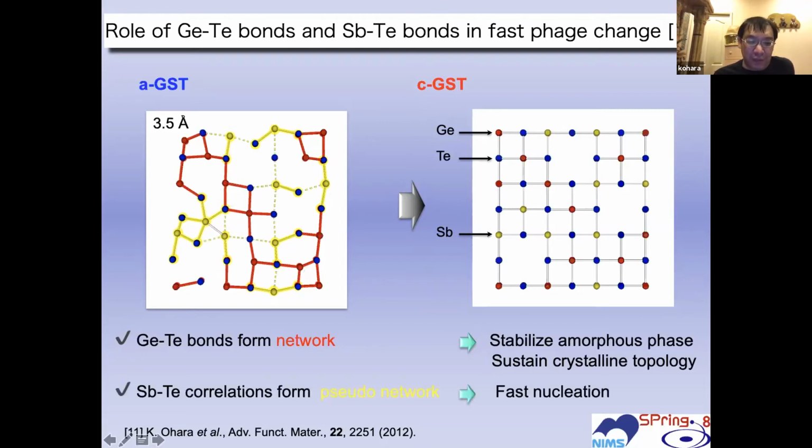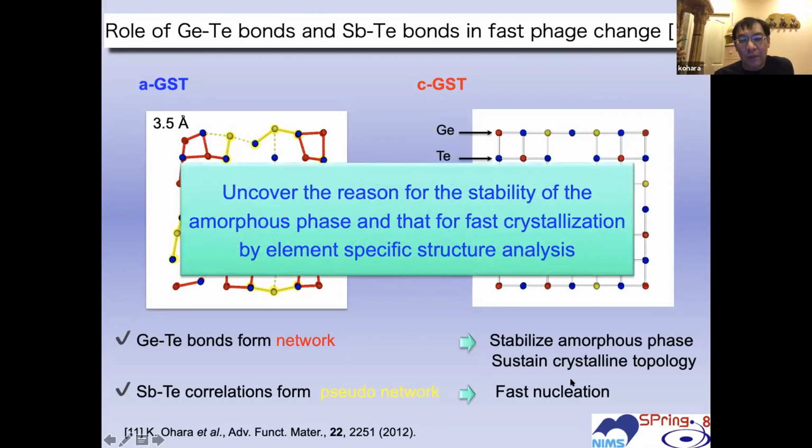And antimony tellurium correlations form a pseudo network. I think this is the reason for fast nucleation. So we have succeeded in uncovering the reason for the stability of the amorphous phase and that for fast crystallization by element-specific structure analysis. Okay, thank you for your attention.